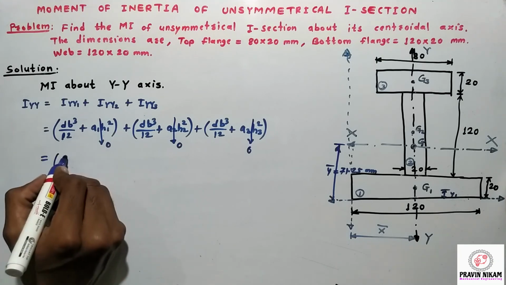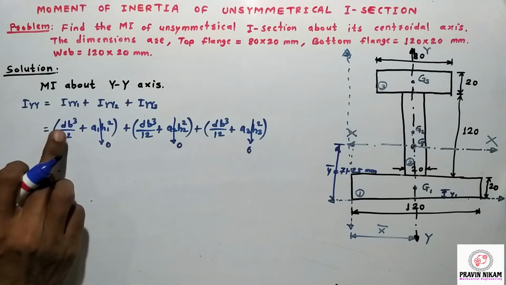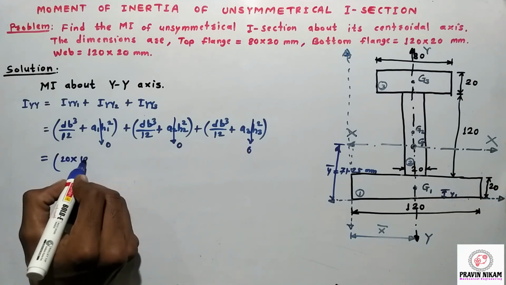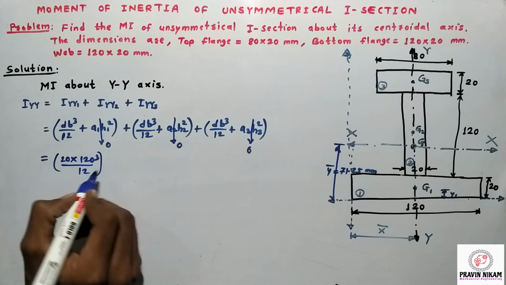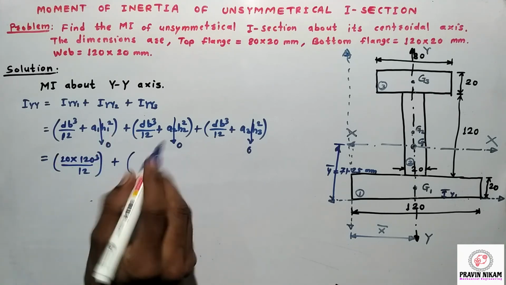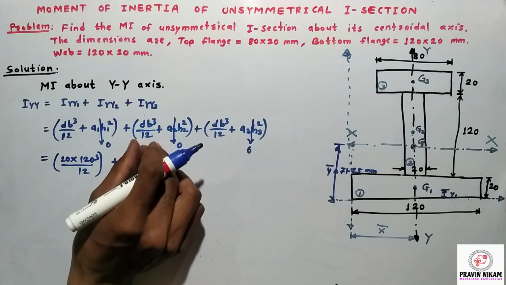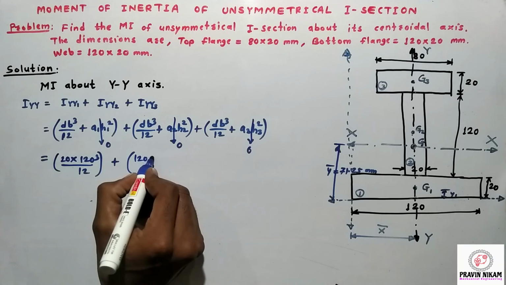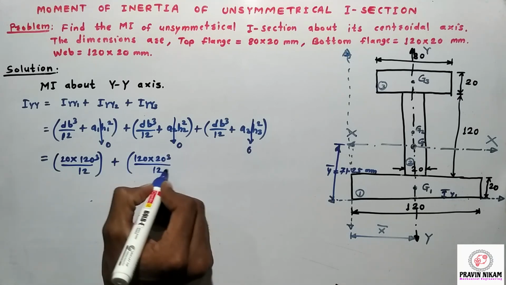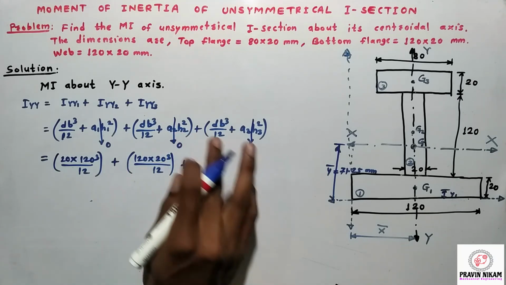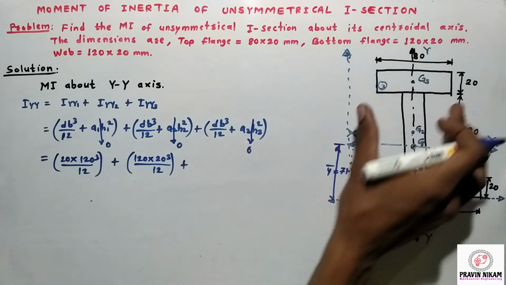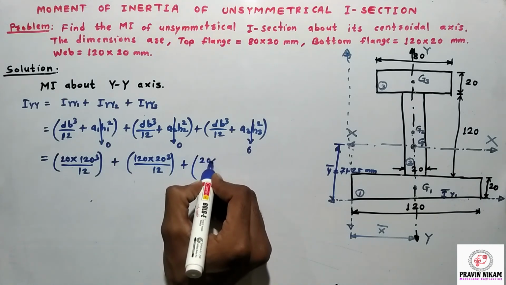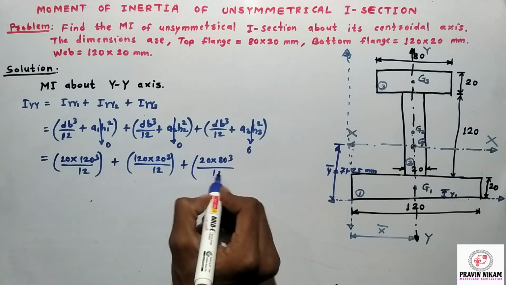Now for section 1, D is 20 into B is 120 cube divided by 12. This term is 0 plus, now for section 2, D is 120 and B is 20, so 120 into 20 cube divided by 12. This term is 0 plus, now for section 3, D is 20, B is 80, so 20 into 80 cube divided by 12.